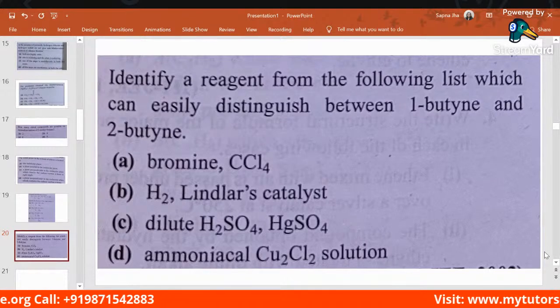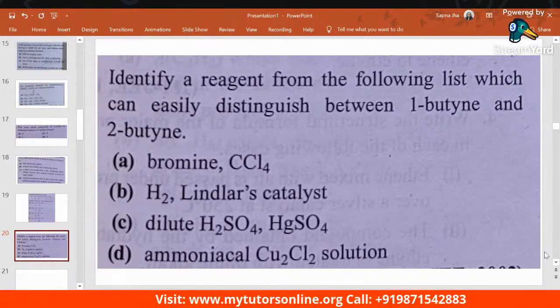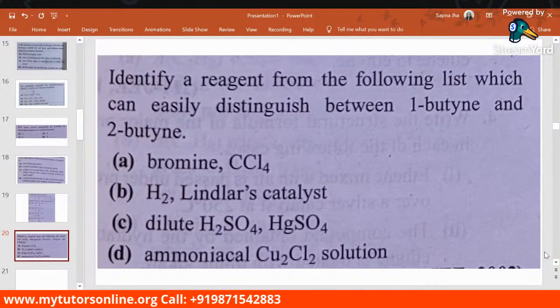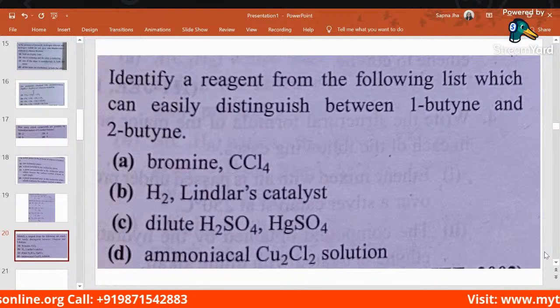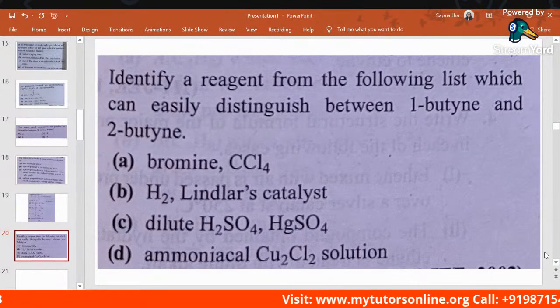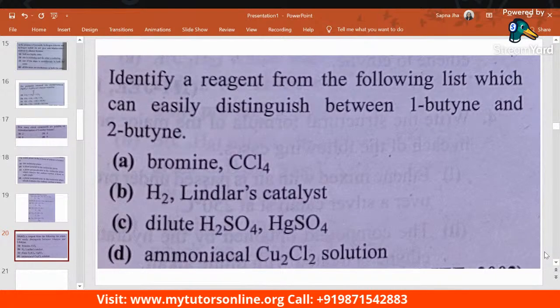So this is the last question for the day, and I want answer from everybody that is online. I think we have 6 participants, so there must be 6 answers coming up. The question is, identify a reagent from the following list which can easily distinguish between 1-butene and 2-butene.